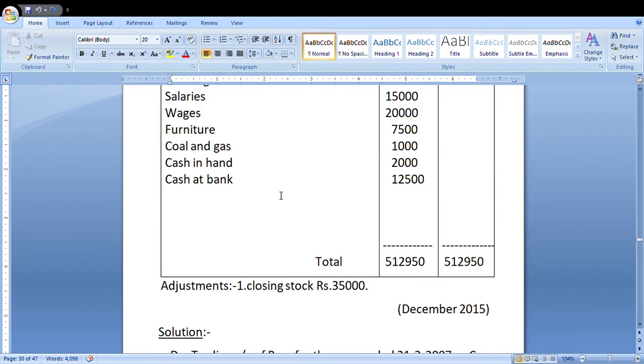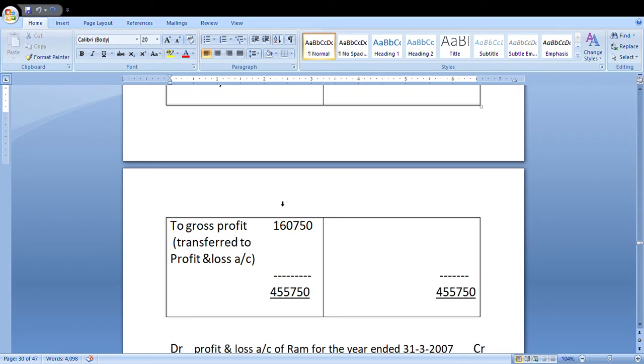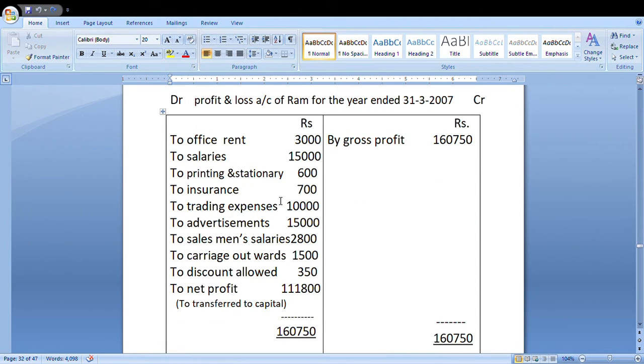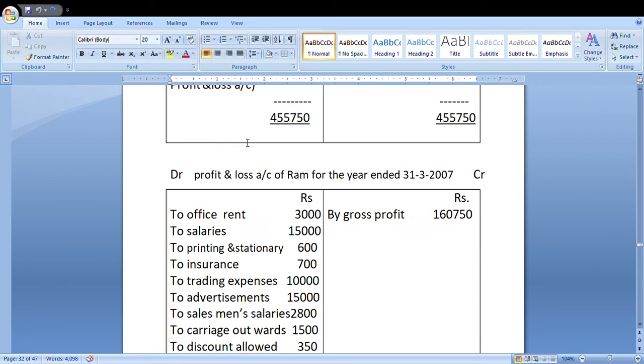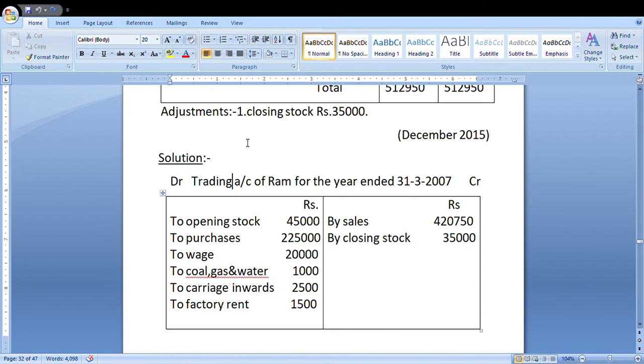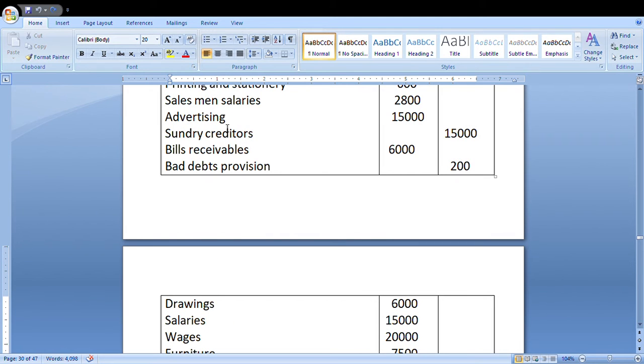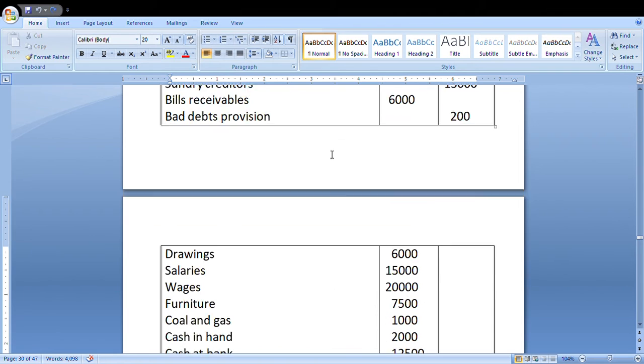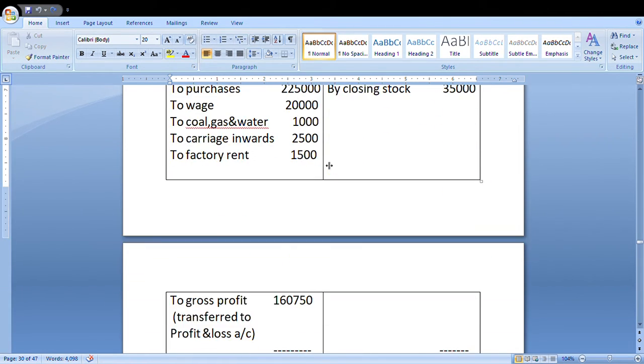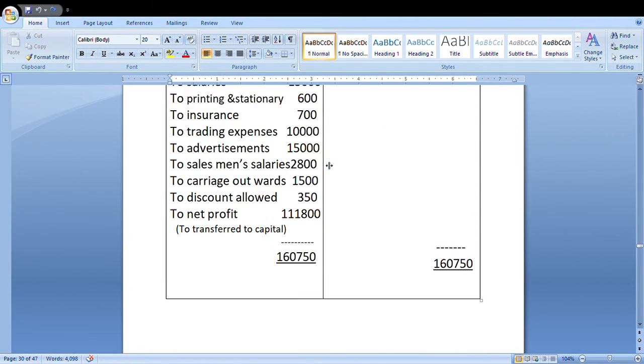Enter it in the profit and loss account. Next, advertisement. Any ads are also expenditure. Enter it in the profit and loss account. 15,000.